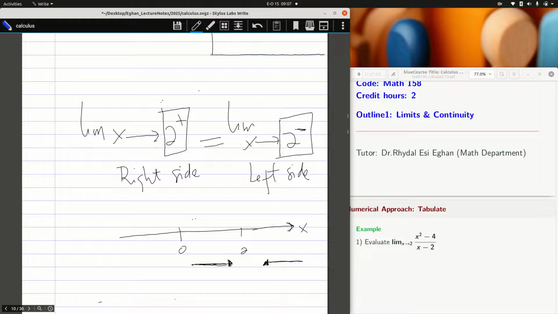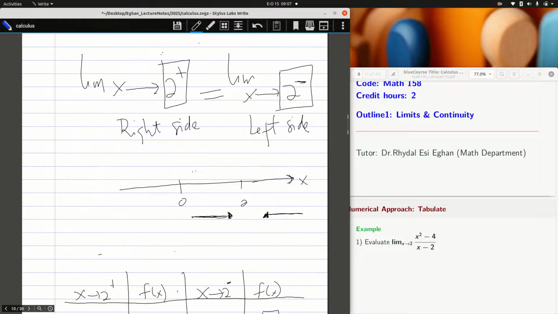Now I want to help you understand what the right side or left side, or positive and negative side, mean. So look at the plain line. I have 0.0 here, I have 2 here. From this point or from any point getting to 2 from this way is on the left side of the 2, if you can picture it that way. And any numbers from this portion to this part of the 2 is the right portion of it.